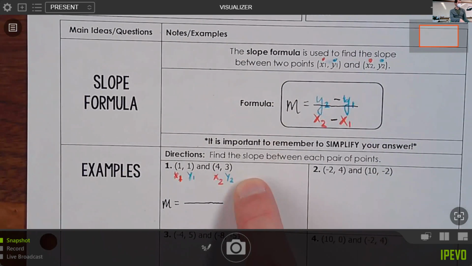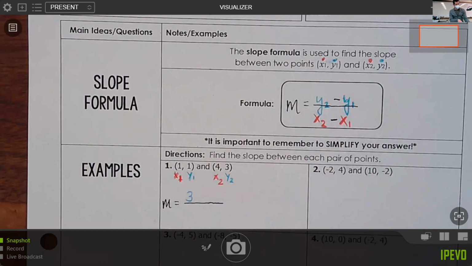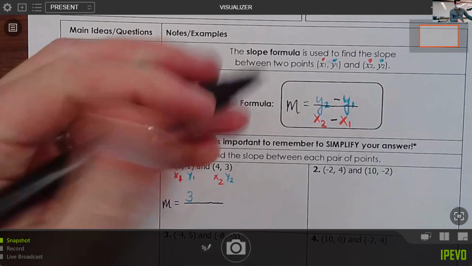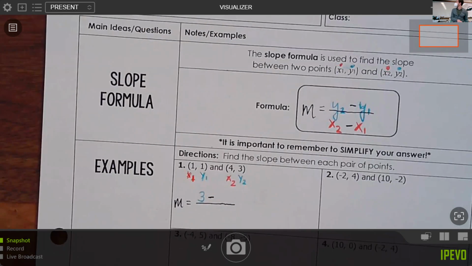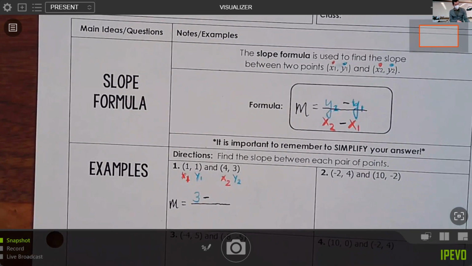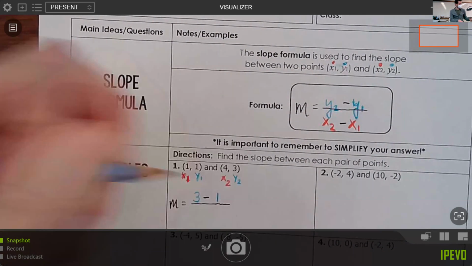What number is equal to y2? 3. So I'm going to start by writing 3, and then minus, what number is equal to y1 in this first problem? 1. So the numerator is 3 minus 1, y2 minus y1.